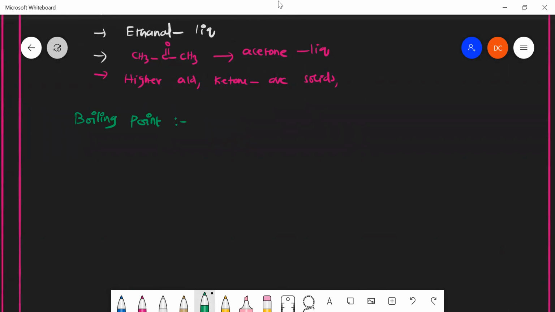Any other definition? Temperature at which a compound turns from solid to liquid. Solid to liquid is melting. Liquid to gas, liquid to vapor phase. Very good. Participate like this, I will be very happy.